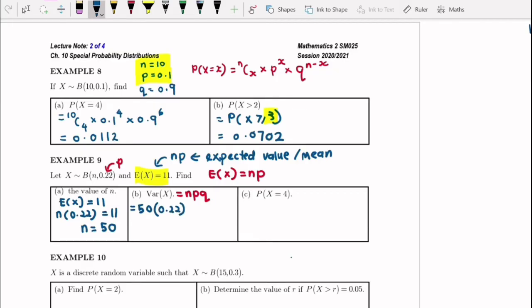Next, to find q is equals to 1 minus p. So, 1 minus 0.22, which is equals to 0.78. So, to find variance, just multiply 50 by 0.22 and 0.78. Then we'll get 8.58.